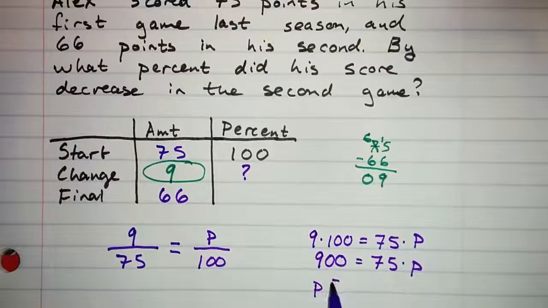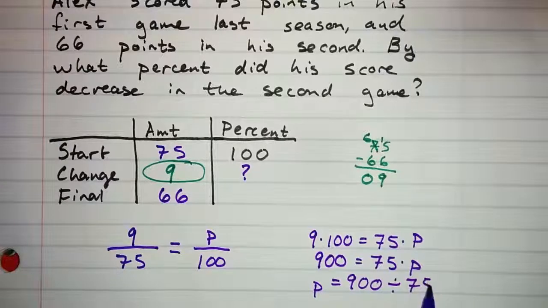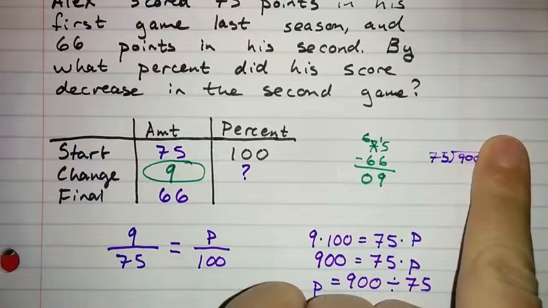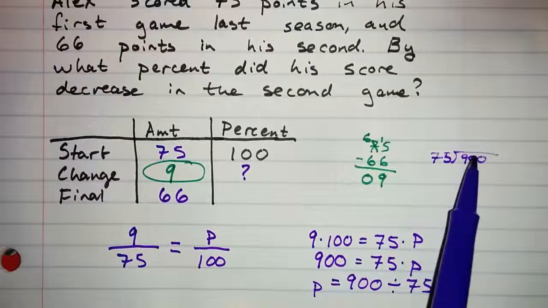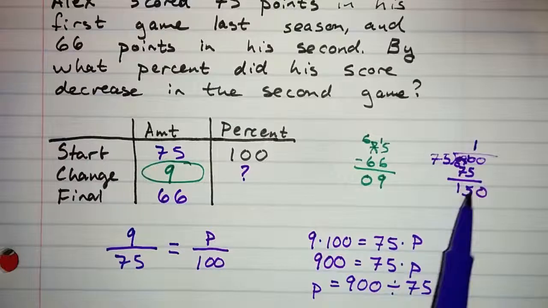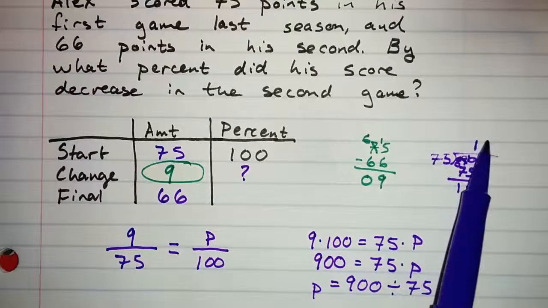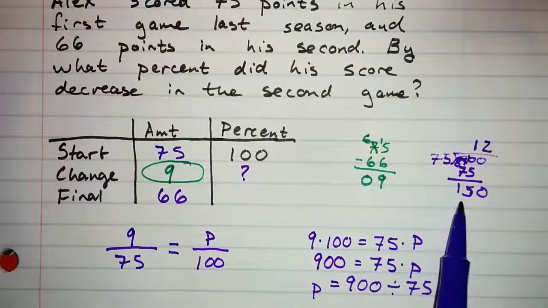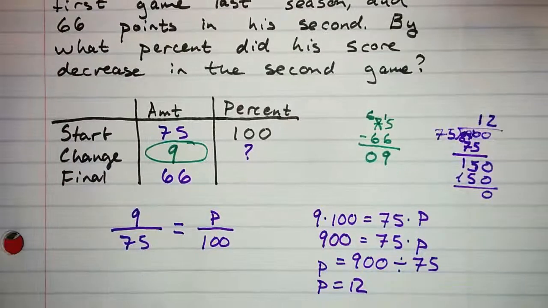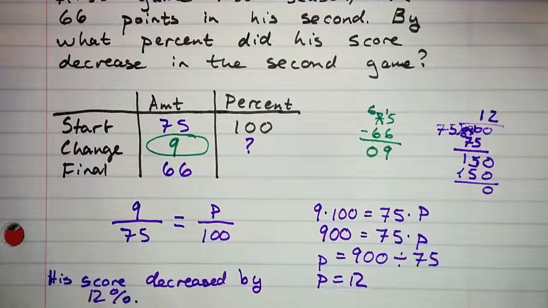So p is 900 divided by 75. Working out that division, 75 goes into 90 one time. 5, 1. Oh, 75 goes into 150 twice. So p is 12. The answer? His score decreased by 12%.